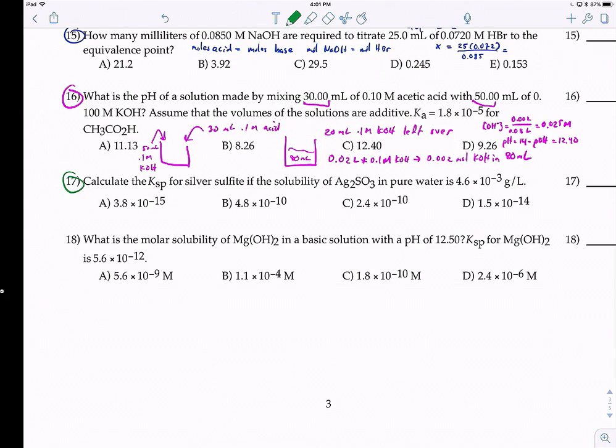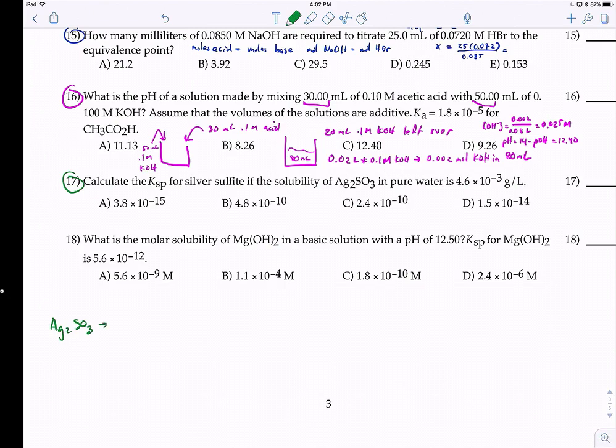So, okay, let's see here. Ag2SO3. Okay, what is the molar mass of that?